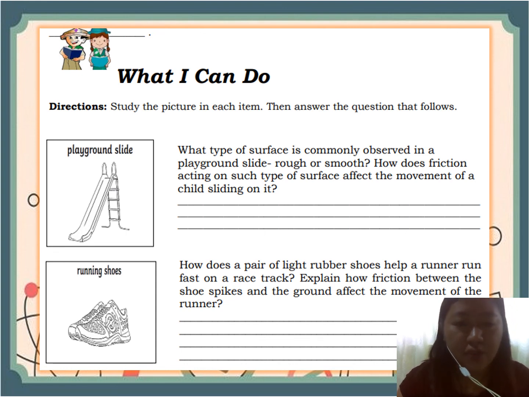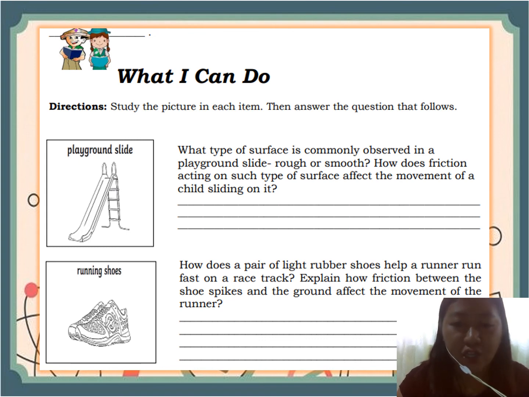So let's have the second picture. Okay, running shoes. How does a pair of light rubber shoes help a runner run fast on a racetrack? If a runner wears light rubber shoes, then he can move faster. You cannot see a runner using leather shoes because they're heavier than running shoes.